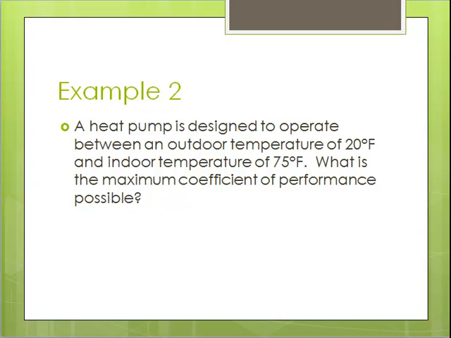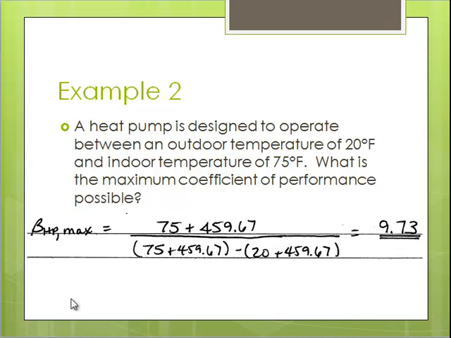And I want to know the best possible coefficient of performance. So I'm going to use the one with temperatures, but I need to be sure I convert my temperatures over to degrees Rankine, or I could have gone to Kelvin, either way. Adding 460 to the temperatures, I get my high temperature over my high temperature minus my low temperature. I get a coefficient of performance of 9.73.